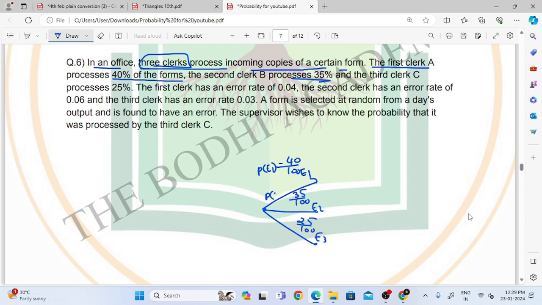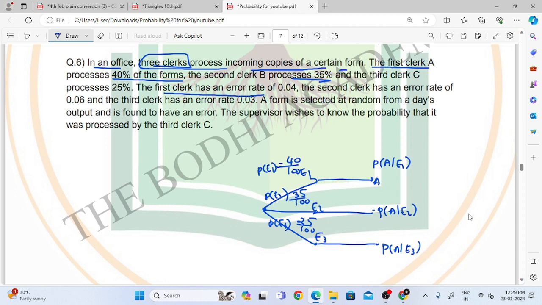This is P of E2, this is P of E3. Then the clerk makes an error, so now that is a different event A. That means this is nothing but P of A given E1. After that, P of A given E2, that means the second clerk making an error, and this is P of A given E3, that means the third clerk making an error.